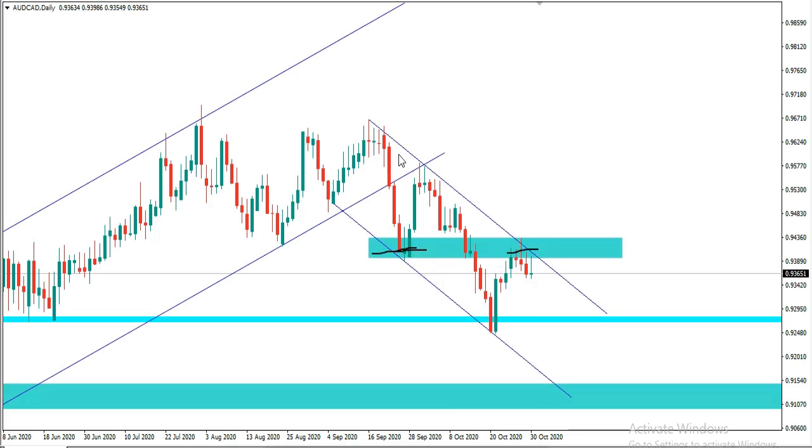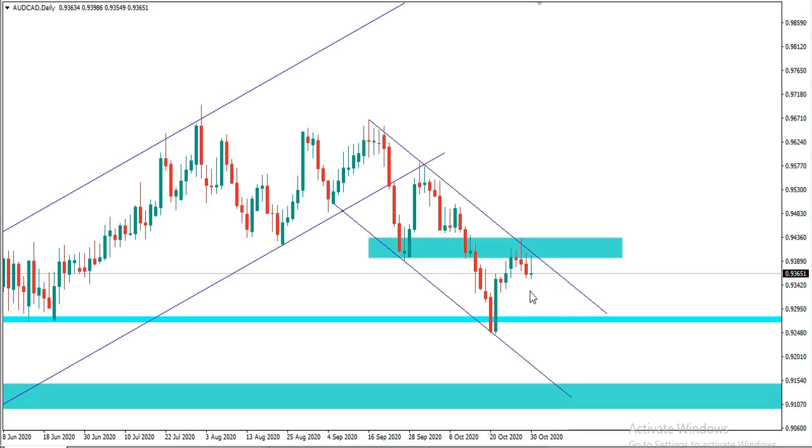We also have this channel resistance right here. You can see how this area acted as resistance, and once again we have the price rejecting that area as resistance. So with this, we can expect to see further drop in the price over the next coming weeks, as the case may be.